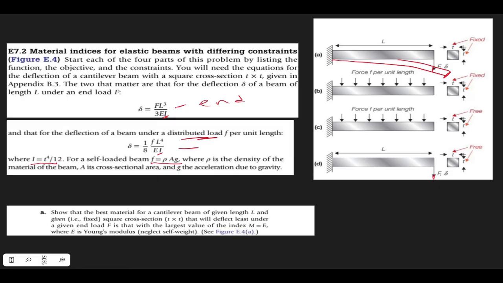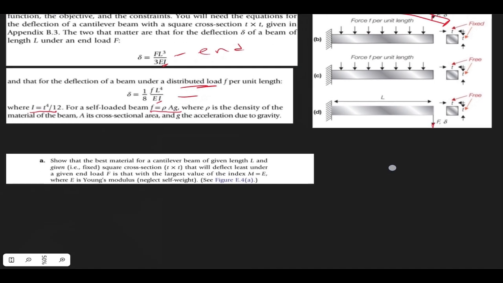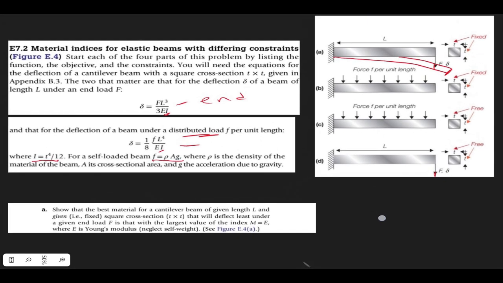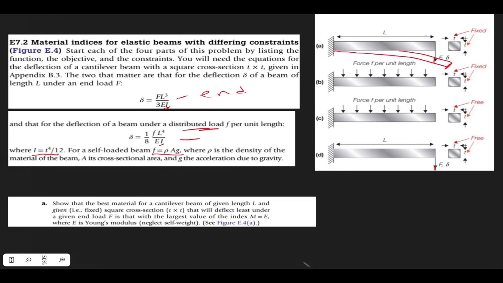Let us go with A first. For A, they say to show that the material for the cantilever beam, where L is given, so the length is fixed, and a given cross-sectional area. So for the condition in figure A, length is fixed and cross-sectional area is fixed. They ask us to find the least deflection, so we are trying to minimize deflection.